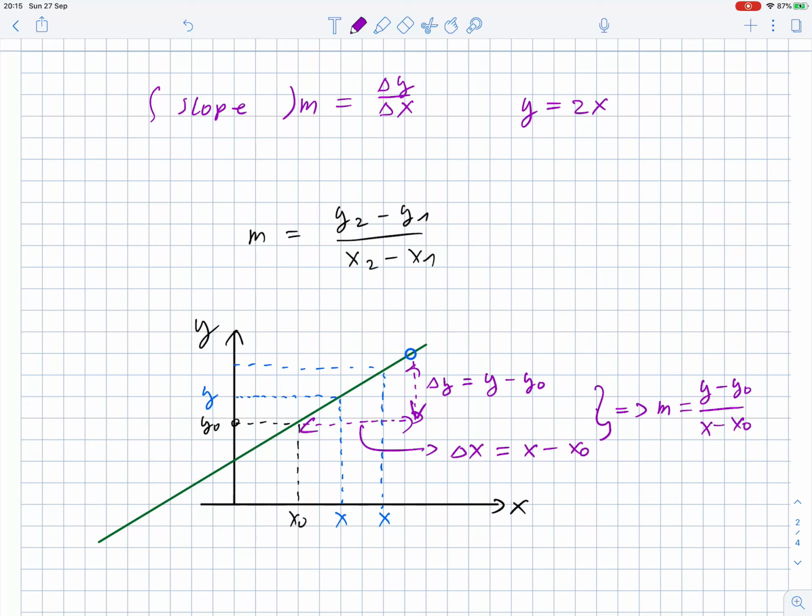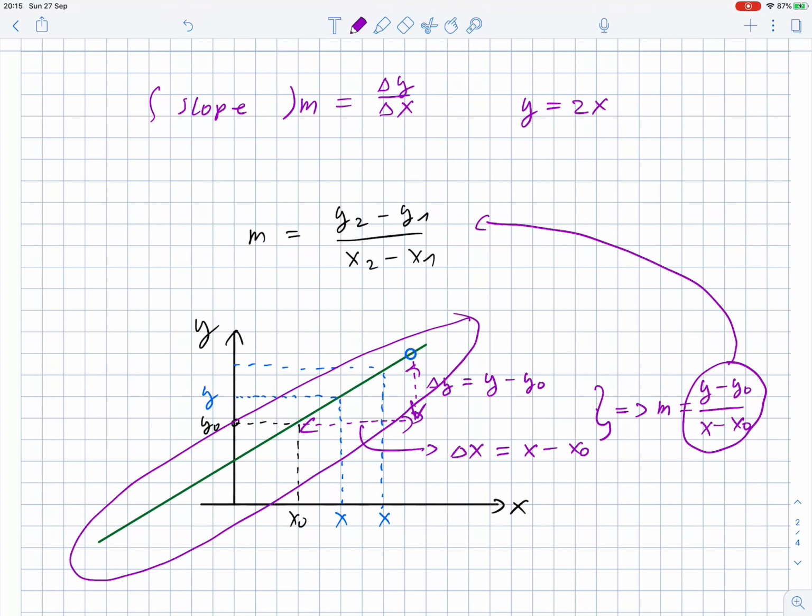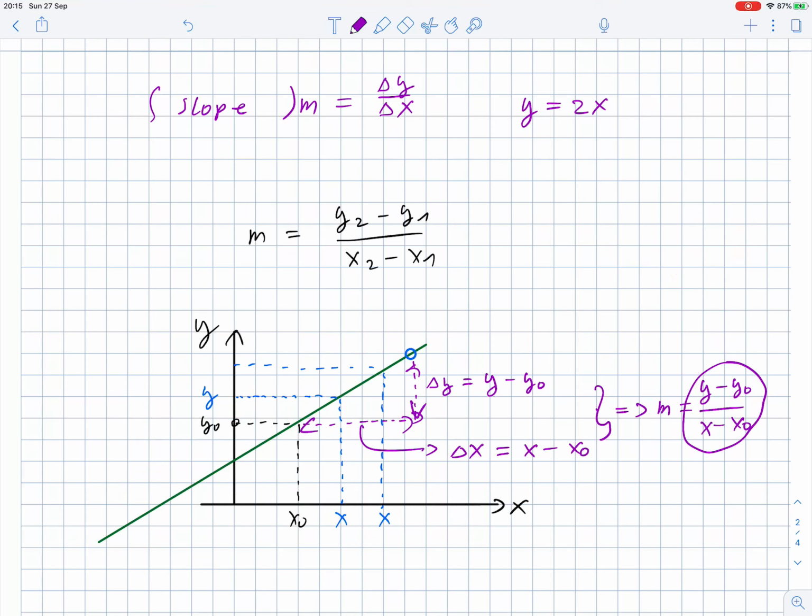Of course this expression is equal to the other expression as long as we are talking about this linear function, because you can write any other point, y3 minus y2 divided by x3 minus x2 equals y5 minus y1 divided by x5 minus x1.